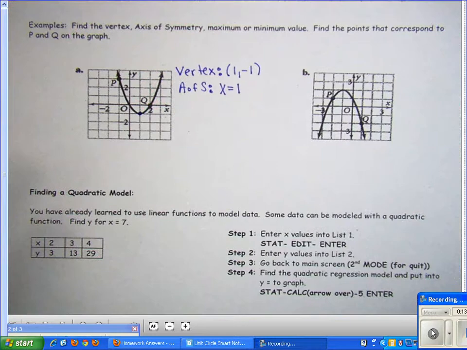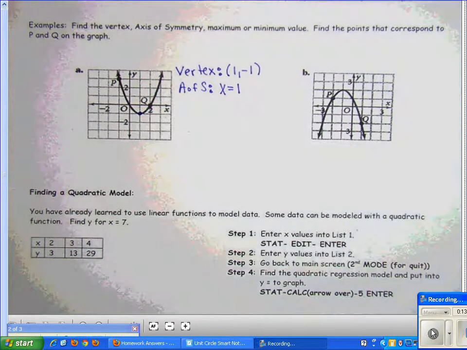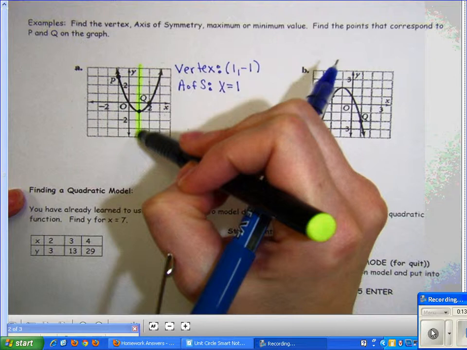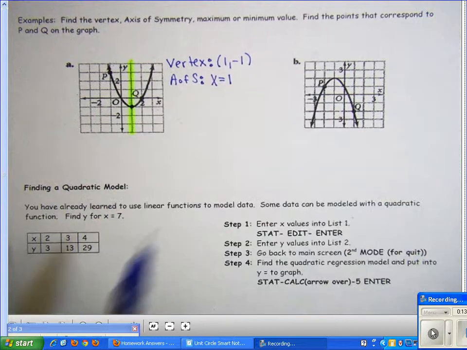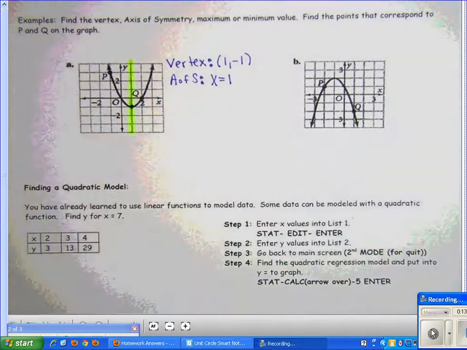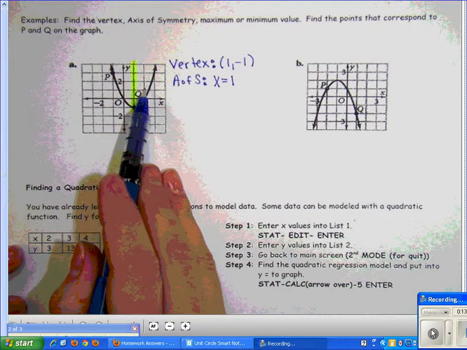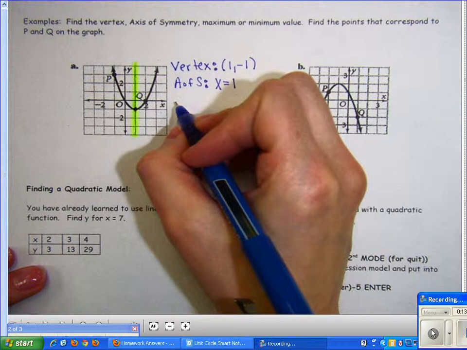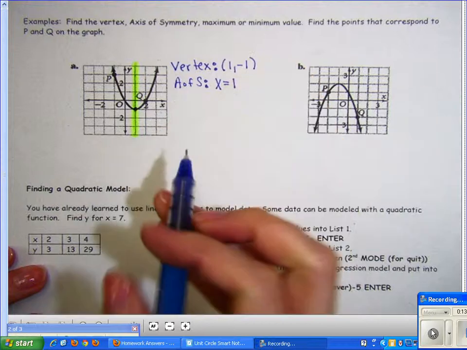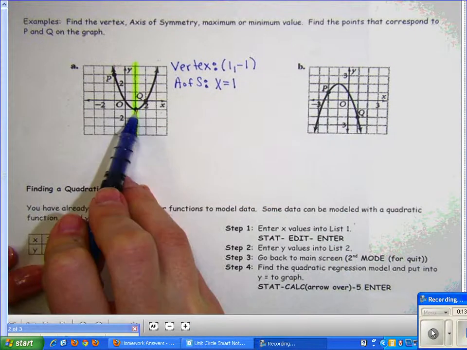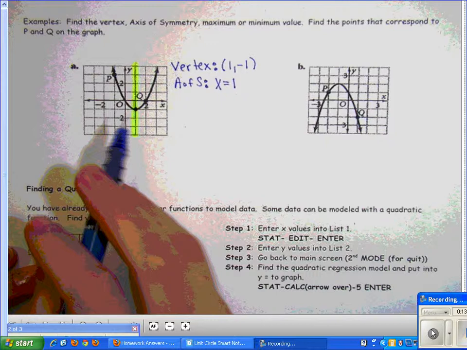So that would be this line on my graph right here. So that would be the axis of symmetry. So when I fold my graph on that line, each point on the other side corresponds to the other side. And this vertex is the lowest point of my graph. Everything is above it, so it's a minimum value.